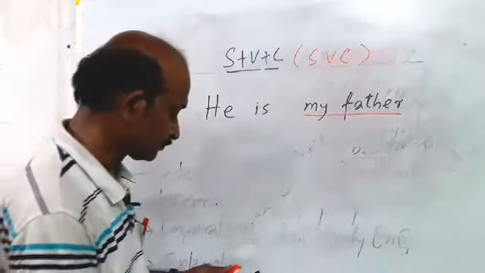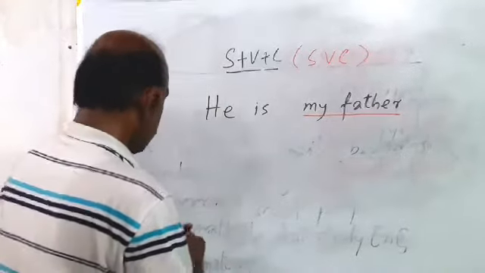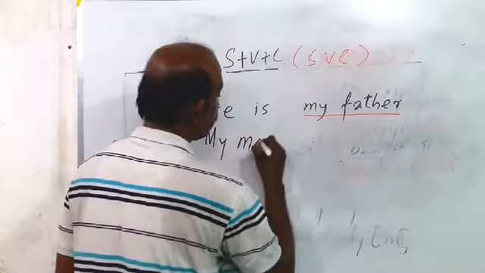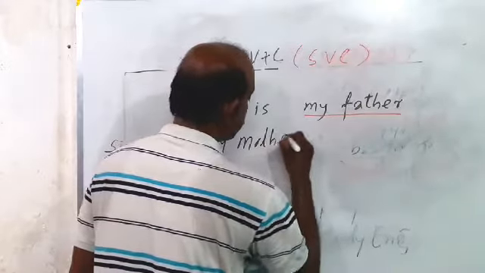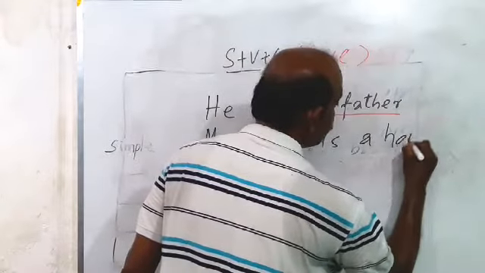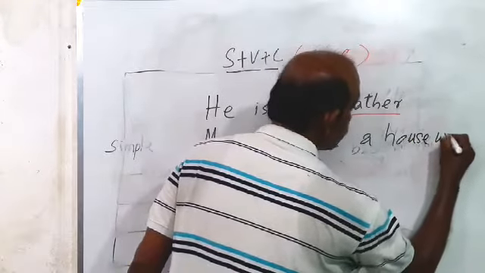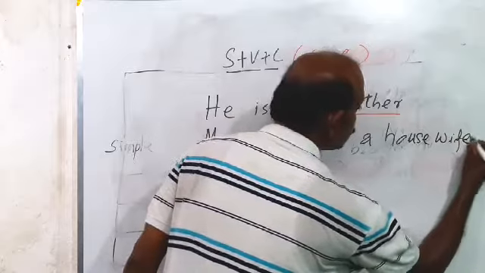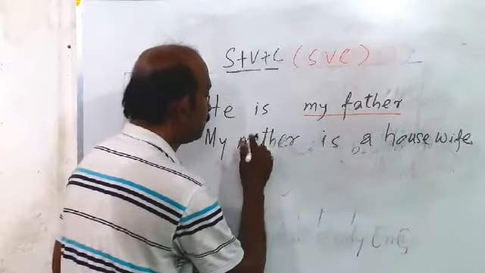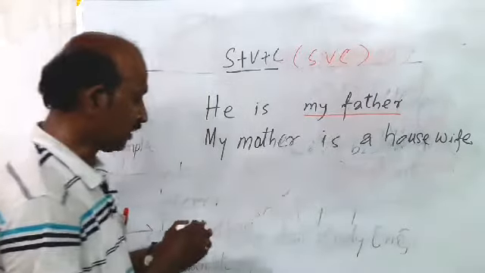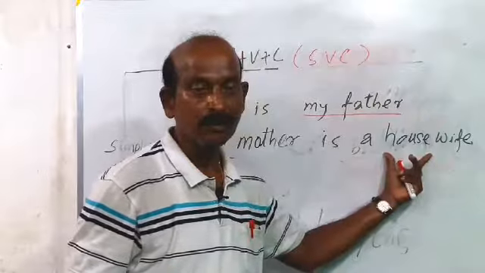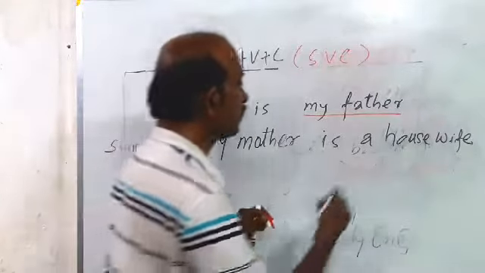Likewise, my mother is a housewife. Here, follow, in this sentence my mother is subject, is is verb, and a housewife is complement.